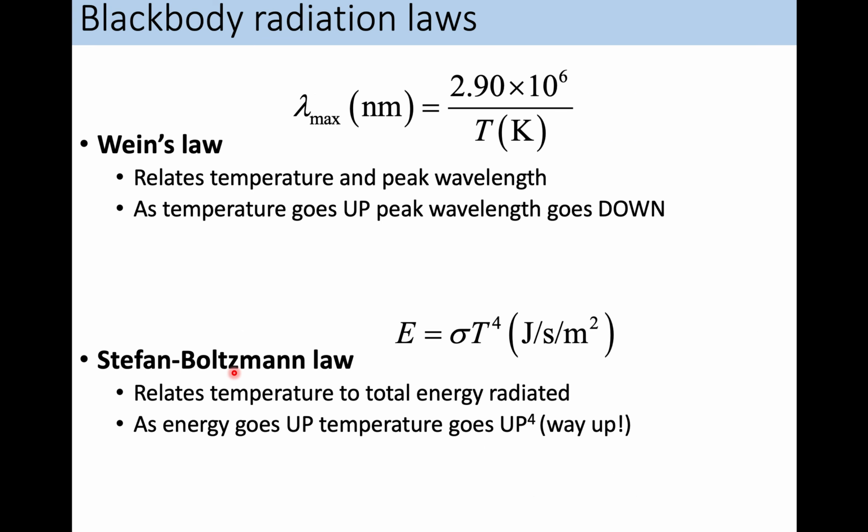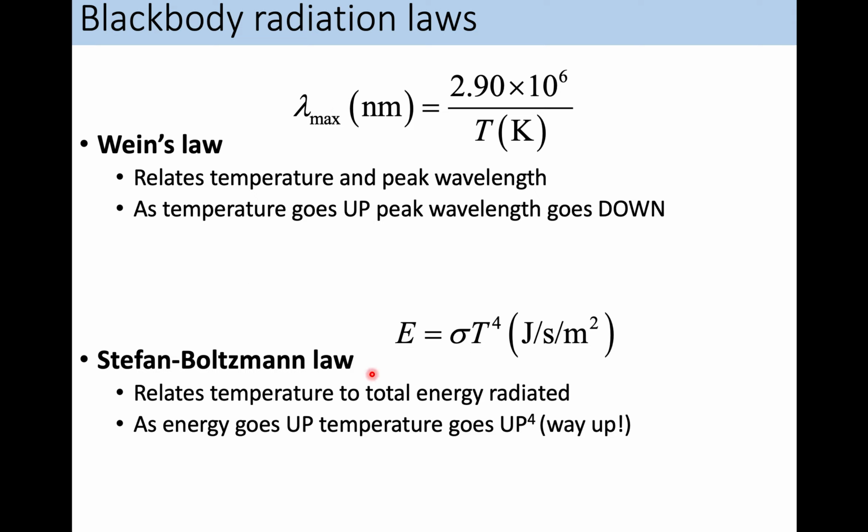So here they are written out. In Wien's law, we have the wavelength related to the temperature. I should say the peak wavelength, which is why it's lambda max for the peak wavelength. As the peak wavelength goes up, the temperature goes down. As the temperature goes up, the peak wavelength goes down.